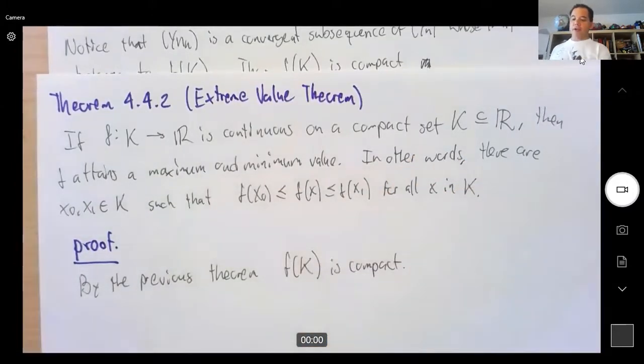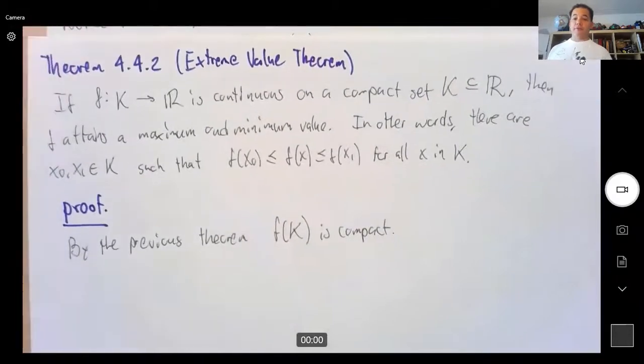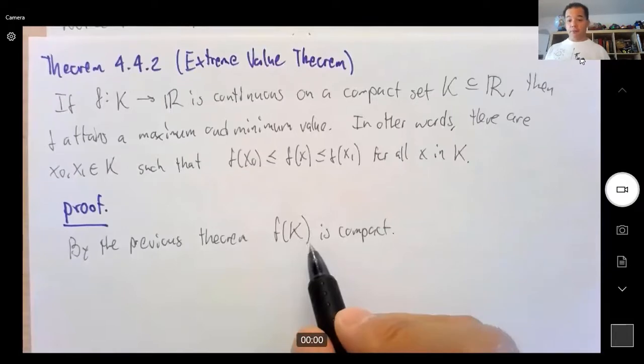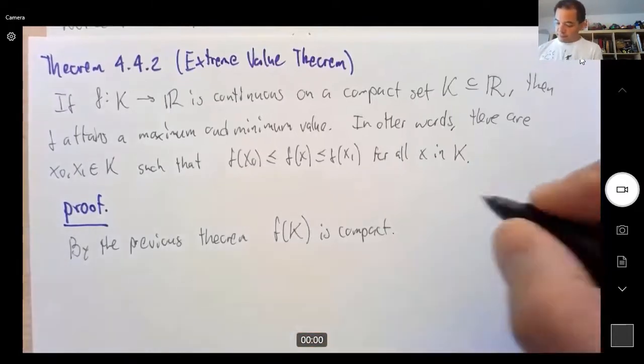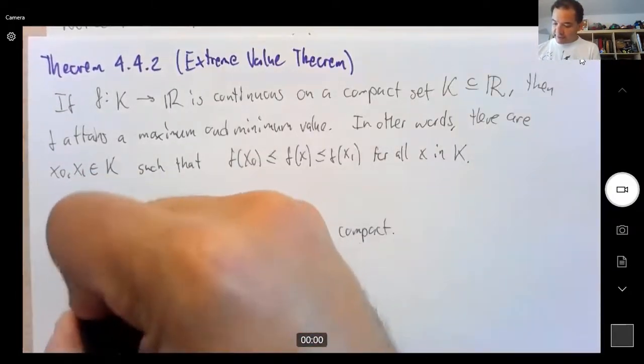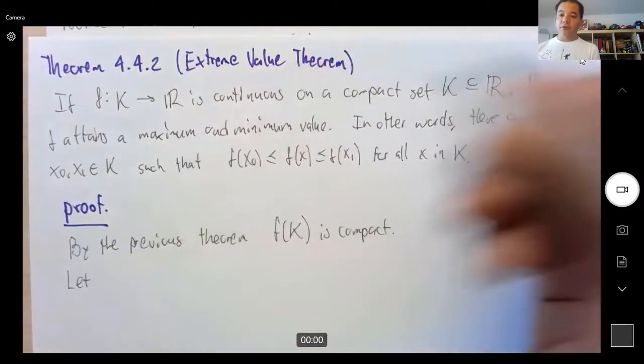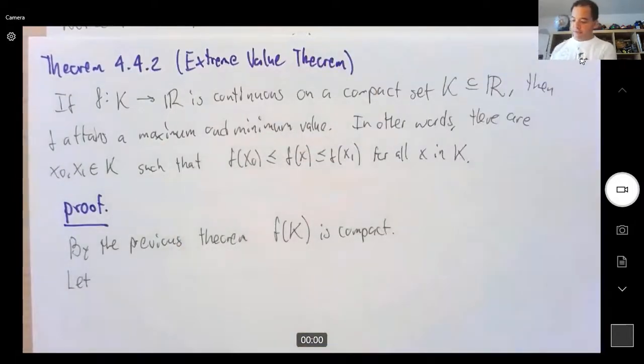And this time we can use the other definition of compact, the one that says that it is closed and bounded, right? So because it's bounded, both above and below, then we know that this set has a supremum and an infimum. I'm going to do only the maximum. You can do the minimum in the same way.